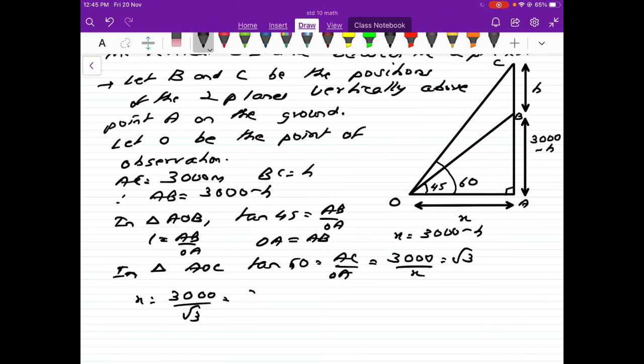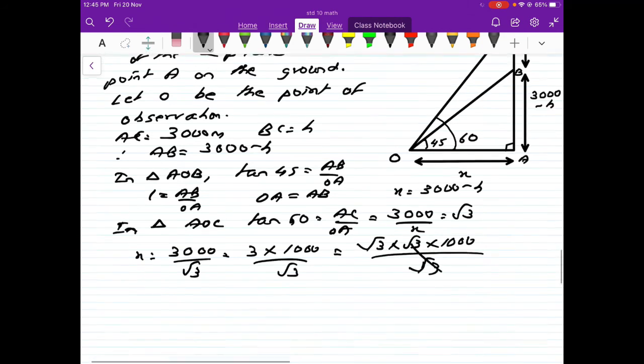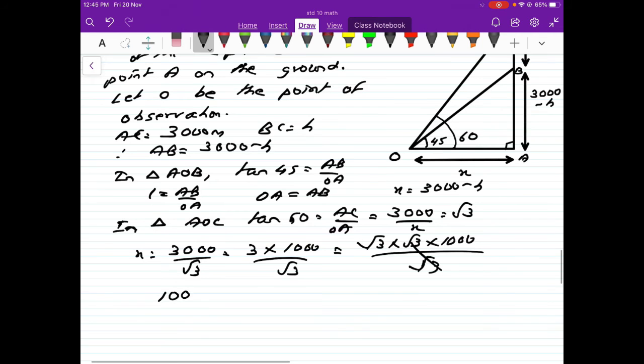This can be written as 3 into 1000 upon root 3, which is root 3 into root 3 into 1000 upon root 3. So this is nothing but 1000 root 3, which is 1000 into 1.73, so 1730 meters.